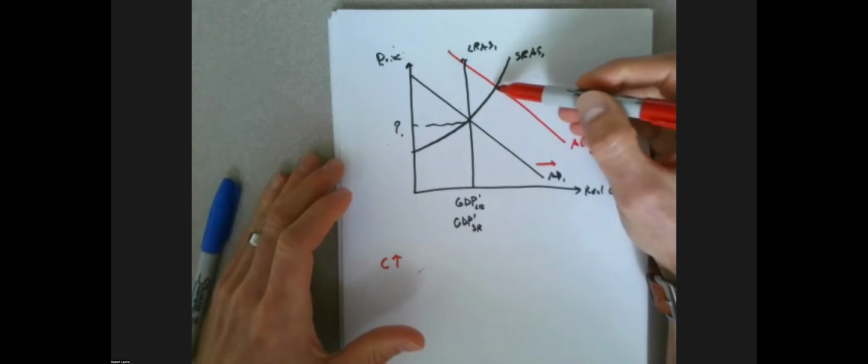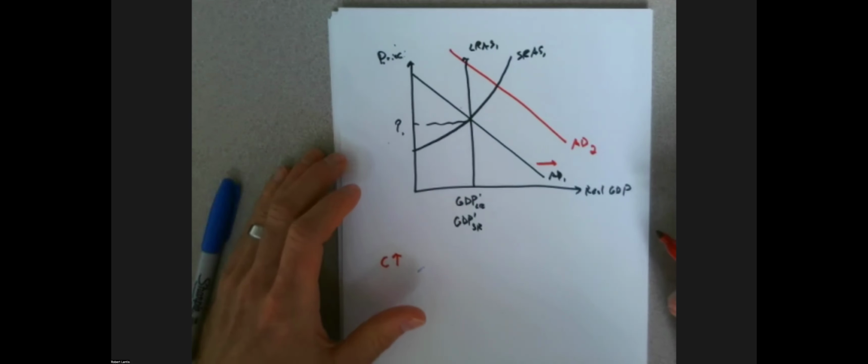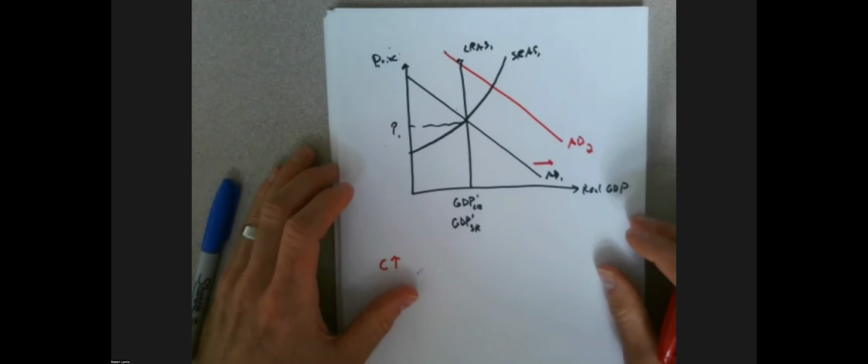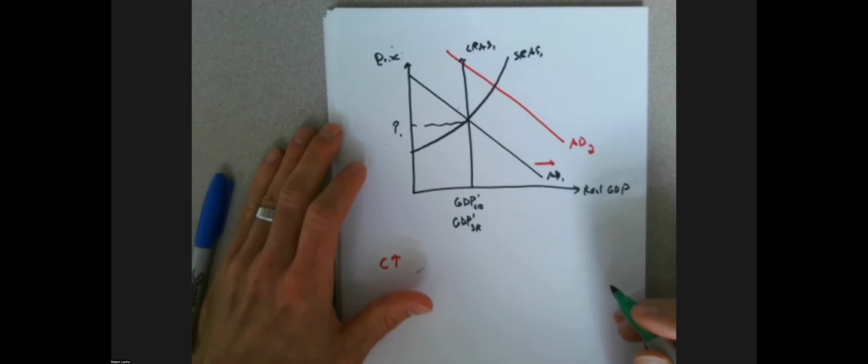If I'm increasing my aggregate demand, what impacts is this going to have? Well, initially it's going to increase my short run GDP. But let's say I have a simultaneous shift. Let's say at the same time, I have long run aggregate supply going up.